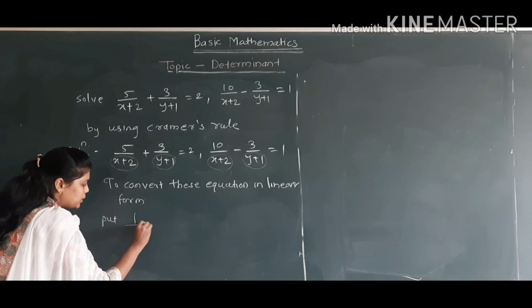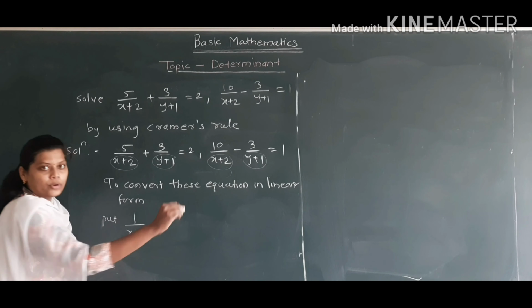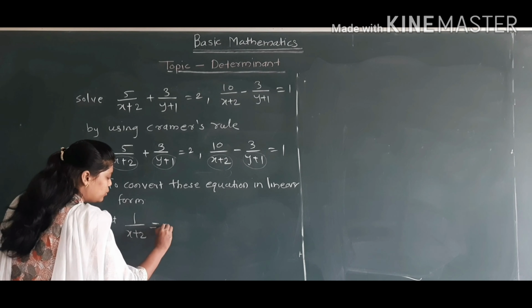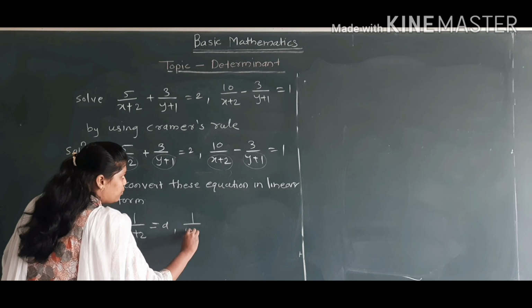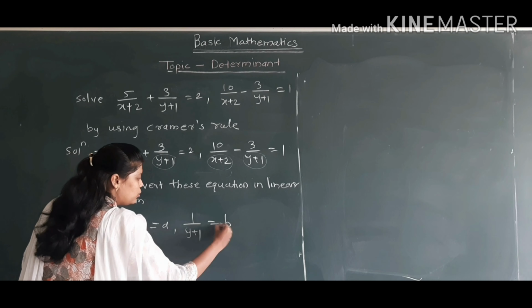First put 1 upon x plus 2 is equal to a, and 1 upon y plus 1 is equal to b.